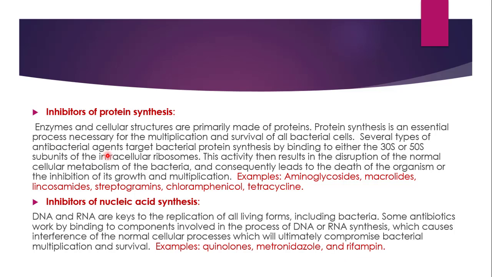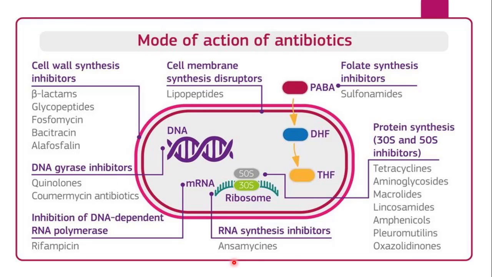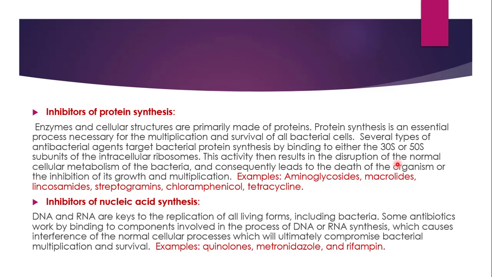protein synthesis. In the case of protein synthesis, you see ribosomes, DNA, RNA and actual protein synthesis, with the 30S and 50S subunits working. So it is inhibition of protein synthesis. All of you know that protein synthesis is a very essential process, which is a must for the multiplication and survival of the bacteria.